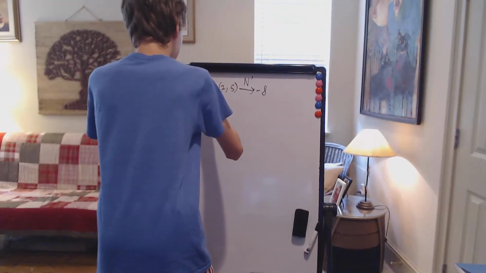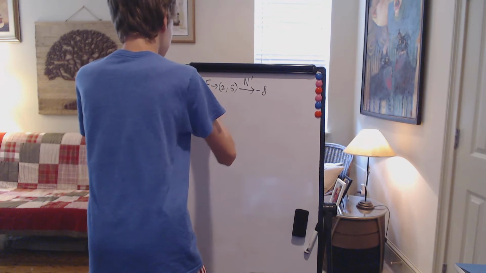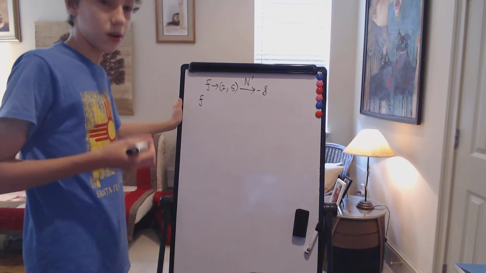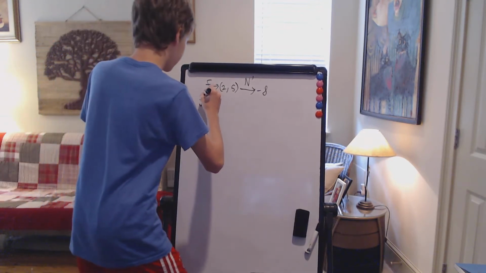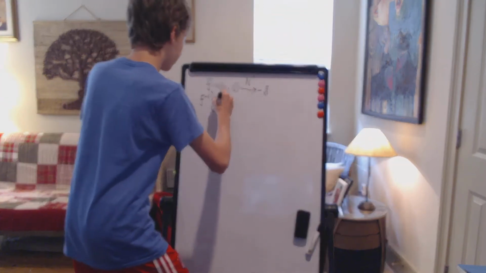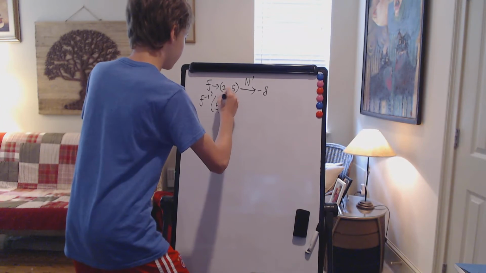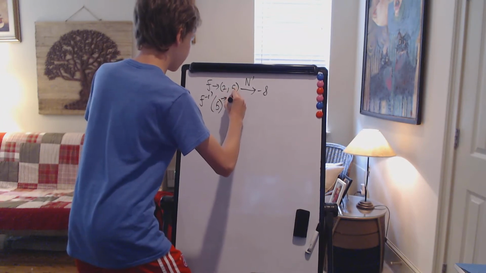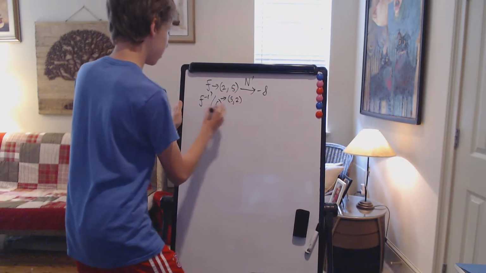So let me just write our goal to make this clear. We want f inverse prime at the point x equals 5, because we're looking at the point (5,2) in specific. So that equals what?